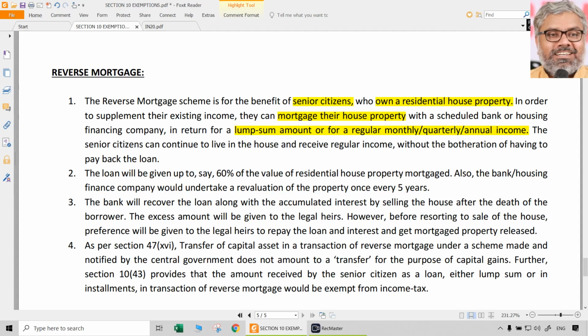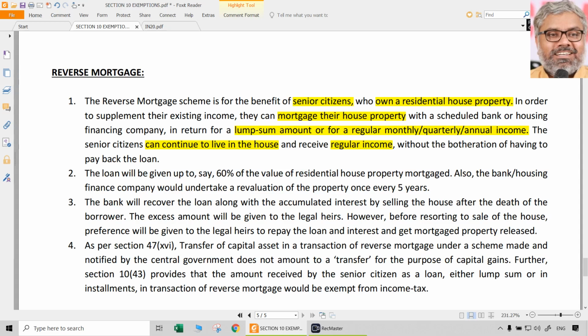This facility is there with many nationalized and scheduled banks. That bank in turn will give either a lump sum loan amount or a monthly, quarterly or annual regular income. So what happens with the senior citizen? Does he vacate the house? No. He can continue to live in the house. But at the same time, he will also have some regular income. Though it is not income, he has money. Money is important. One way, he has monetized his own house.